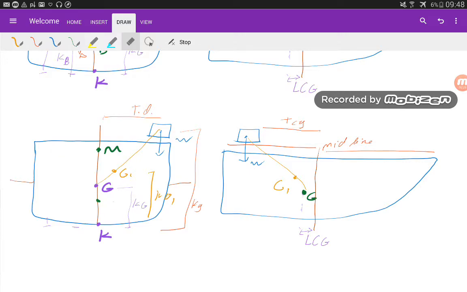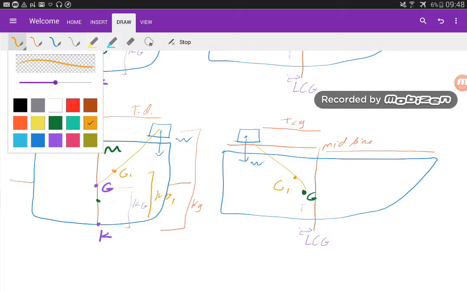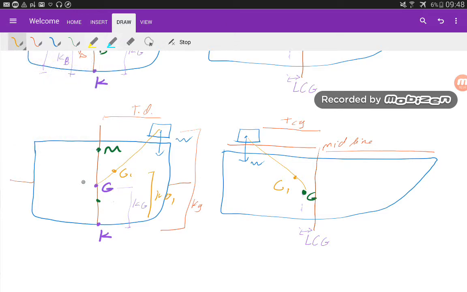We don't need this position of B. So what we want is the height of the new center of gravity, this is KG1, and also how much the center of gravity has moved to the side, which is the transversal center of gravity, and how much it is going to shift forward or aft, which is the longitudinal center of gravity.